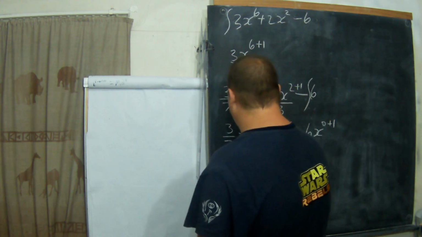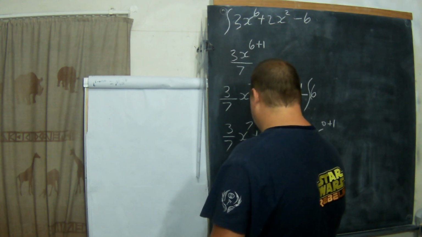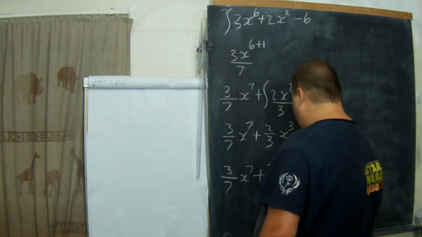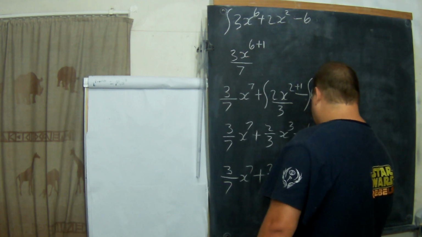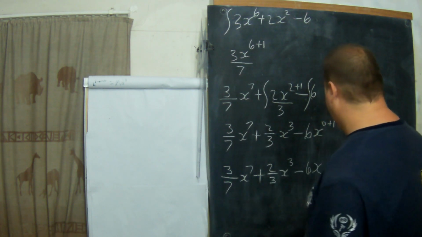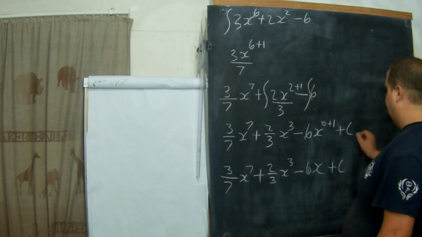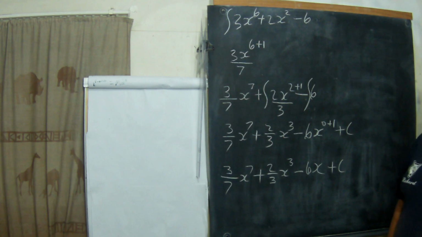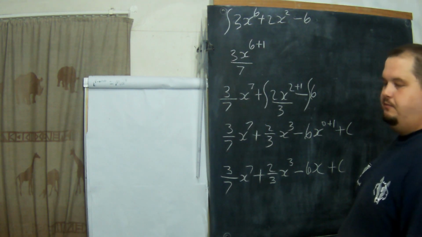So our final answer looks like 3 over 7, x to the 7, plus 2 over 3, x to the 3, minus 6x plus c. It must always be plus c at the end of your integrations. That means plus a constant.